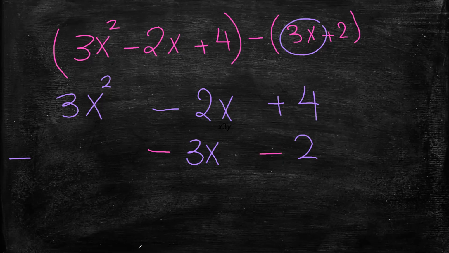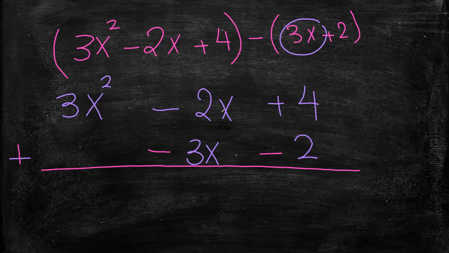So here, since we have a negative sign, that means we have now to opposite the signs of the second term. And this one, after exchanging the signs, it will be plus now.